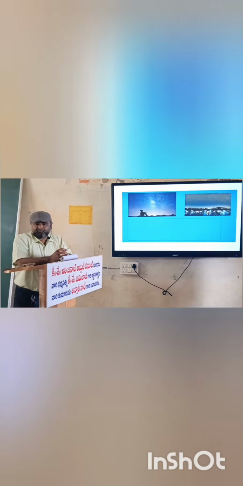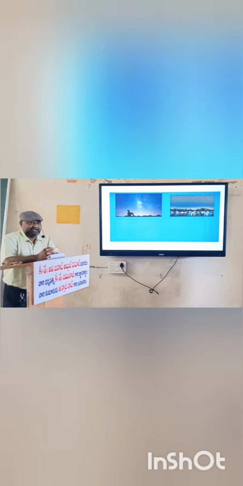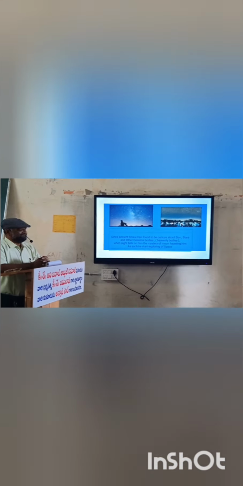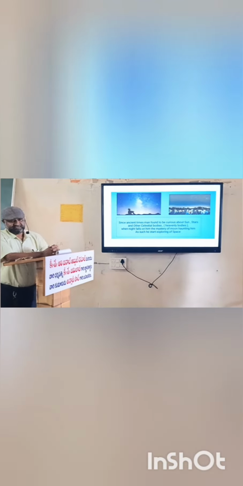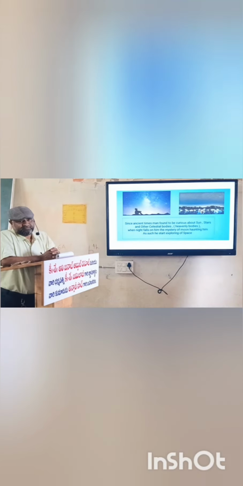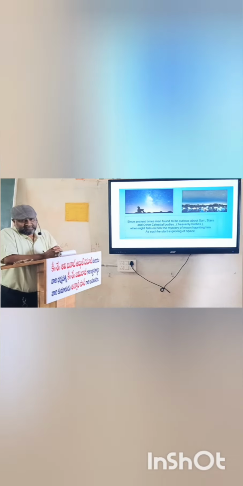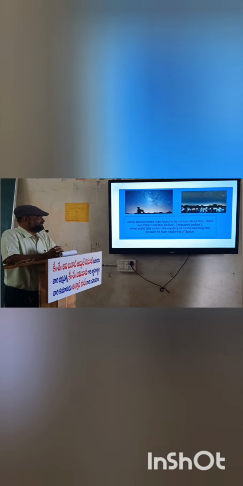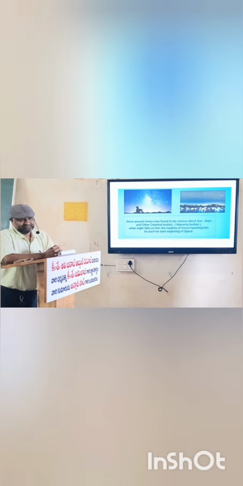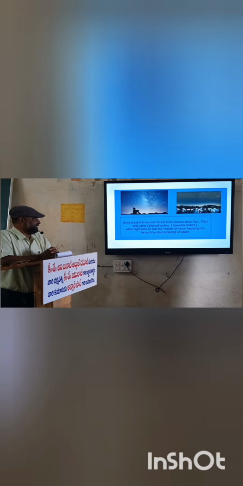Here also a group of men, women, people rather, are observing the sky. Since ancient times, man has been curious about the sun, stars and other celestial bodies. These celestial bodies are also called heavenly bodies.